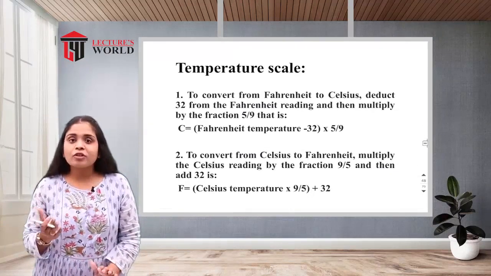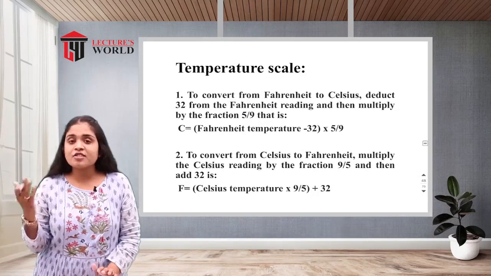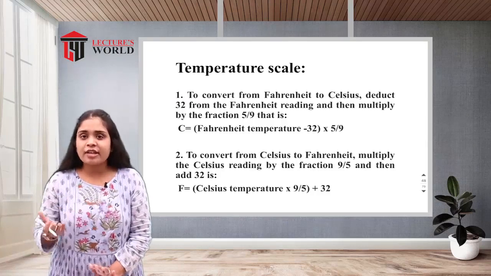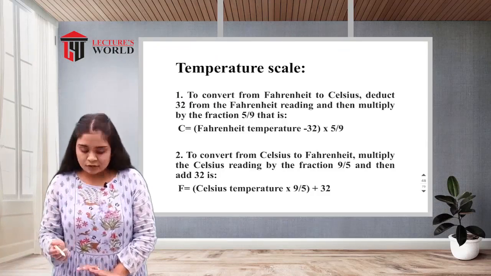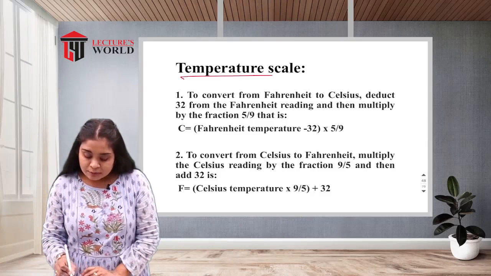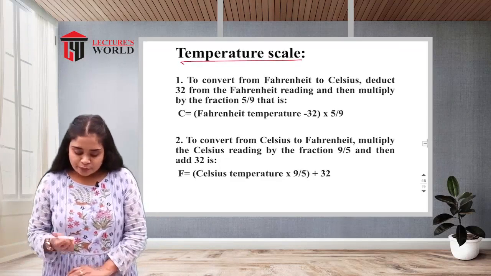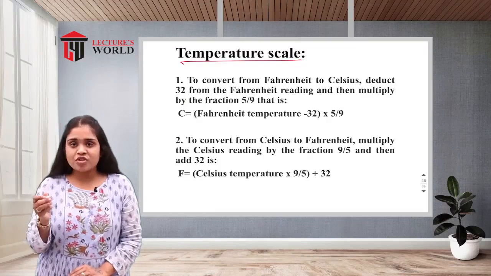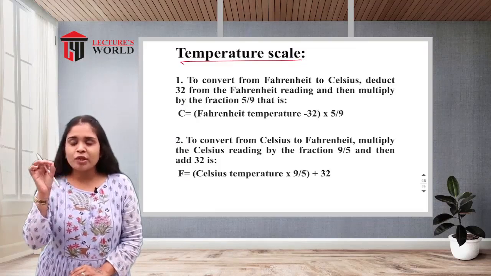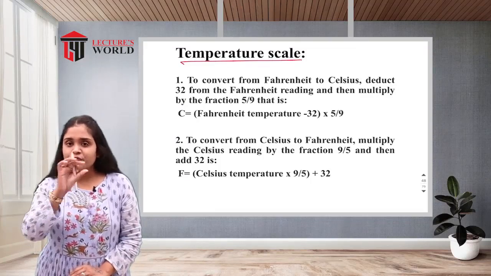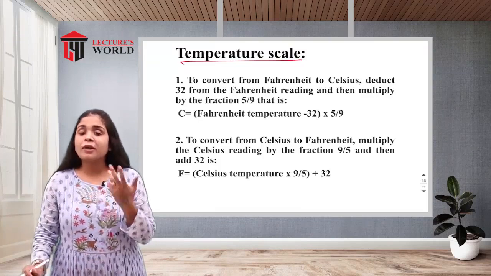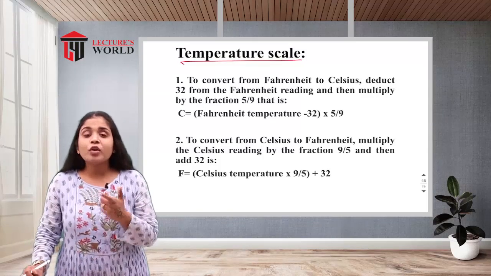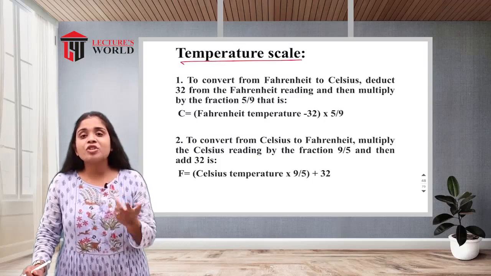So that was about the different assessment of the body temperature and different types of thermometers. Now we'll be talking about the temperature scale. If you have only a Celsius temperature, maybe they will be showing only Celsius on their thermometer, and you want to convert it into Fahrenheit and know how much it will be.